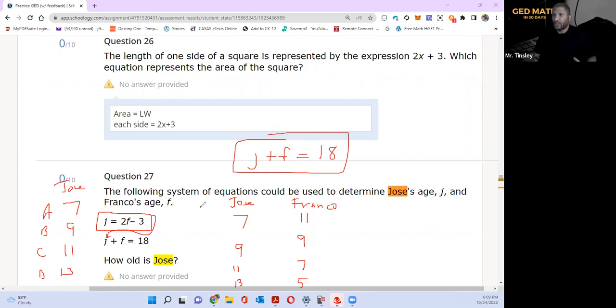Watch this. J equals 2F minus 3. So Jose is 7, equals 2 times 11 minus 3. Can that be true? Yes or no? Can 7 be 2 times 11 minus 3?